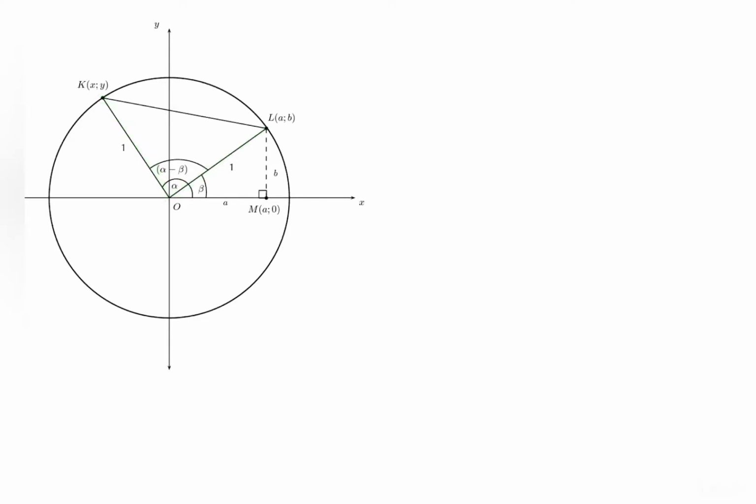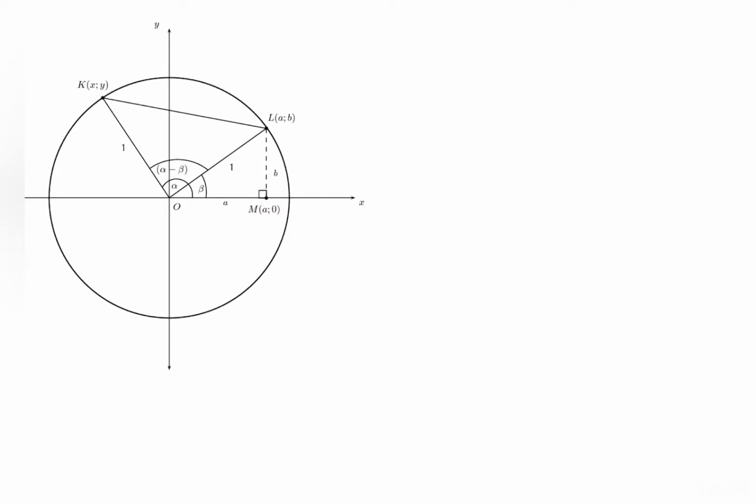In addition to this, we also have 2 points on the circumference of the circle, and 1 point within the circle. The 2 points on the circumference are point K with the coordinates x and y, and point L with the coordinates a and b. Then the point M is along the positive x-axis, so the coordinates for point M are a and 0.